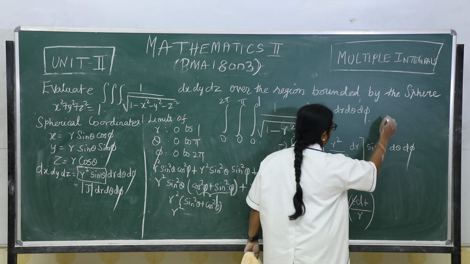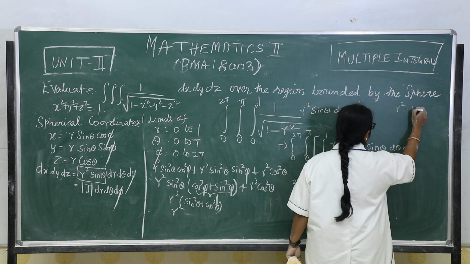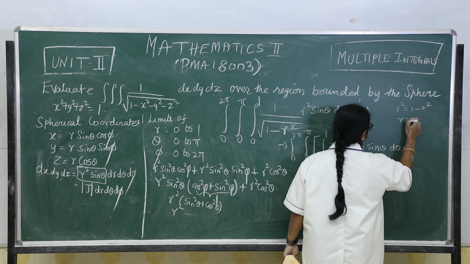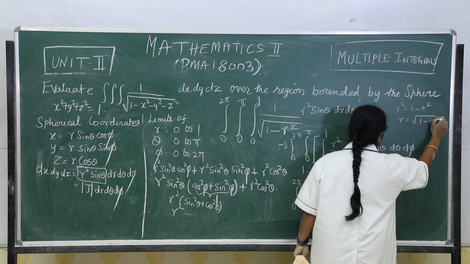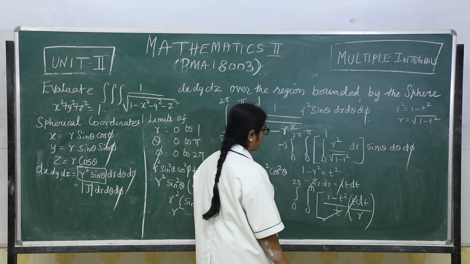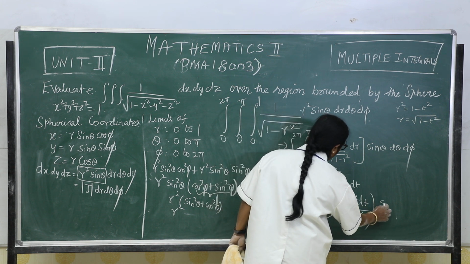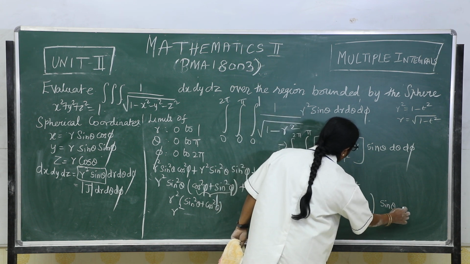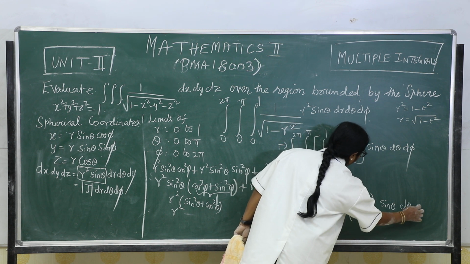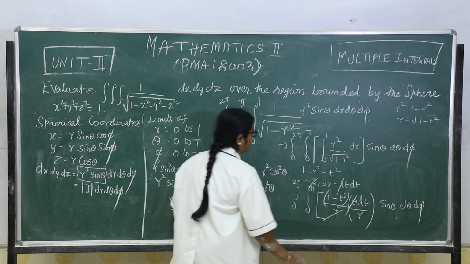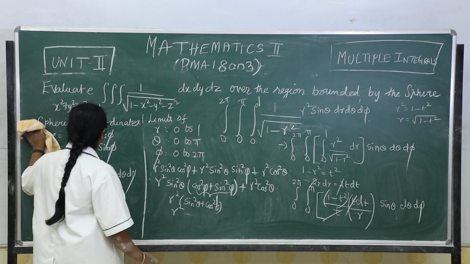What is r squared? R squared is equal to 1 minus t squared, r is equal to root of 1 minus t squared. So, I am doing only the first integration, then I will have to multiply it with d theta d phi along with sin theta.